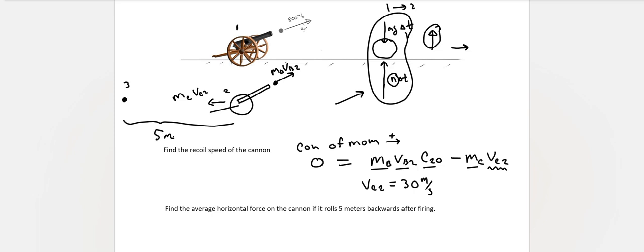So in order to change this velocity from 30 meters per second to 0, there had to be a force to the right acting on that cannon. And that's what this problem is asking about, the average horizontal force on the cannon while it's rolling backwards 5 meters. Now, what is the nature of that force? Well, if this is like soft ground or something, that would give you a combination of different types of forces.